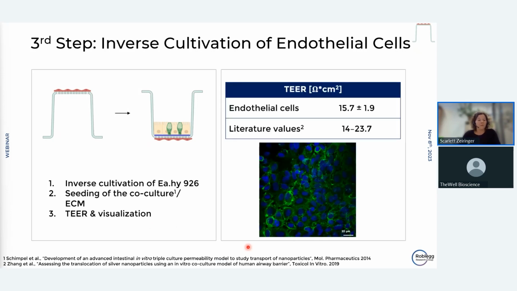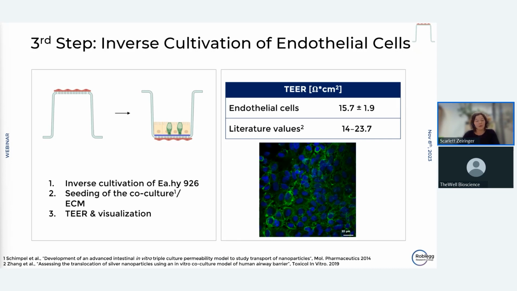The results show that the endothelial cell cultivation on the basolateral side of the filter was successful. The TEER value after 1 week was 15.7 ohm square centimeters, which is in accordance with the data found in the literature and indicates the formation of a confluent cell layer.